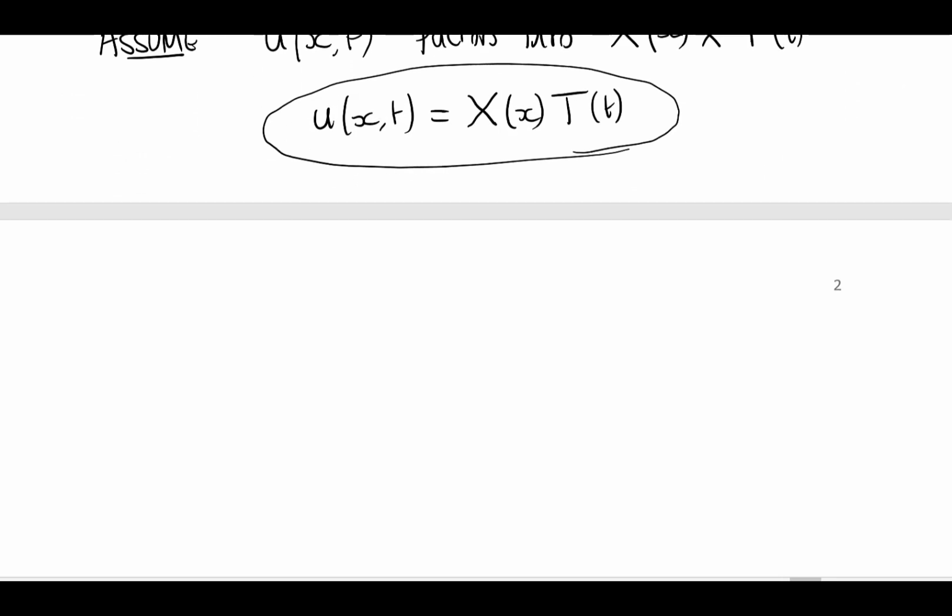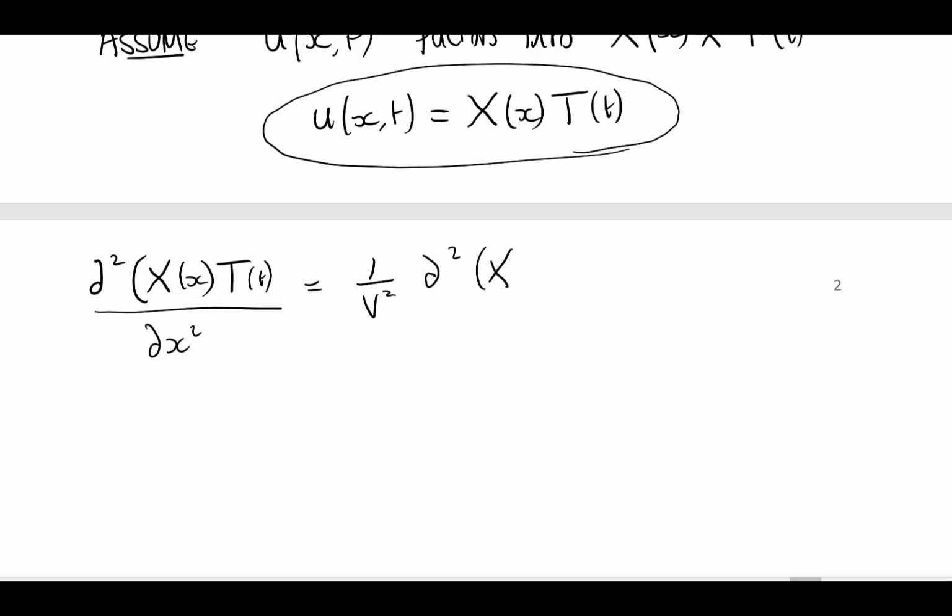So now we still have our del squared, that's X of x, T of t by del x squared, and that again was equal to 1 over v squared del squared, again X of x, T of t by del t squared.